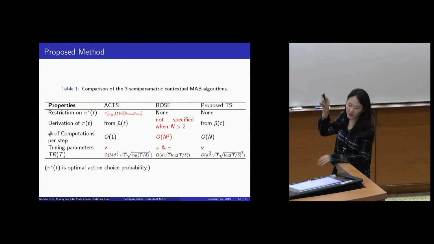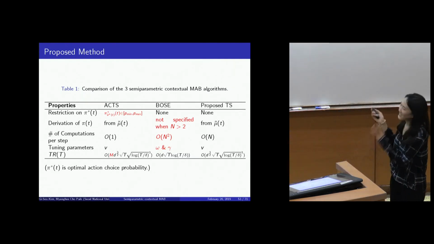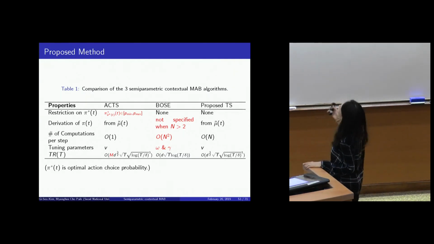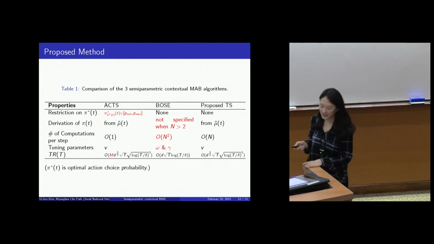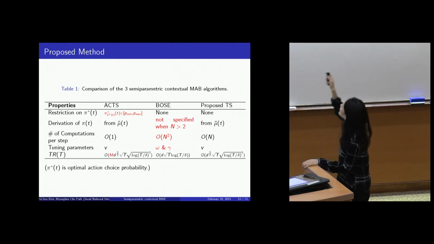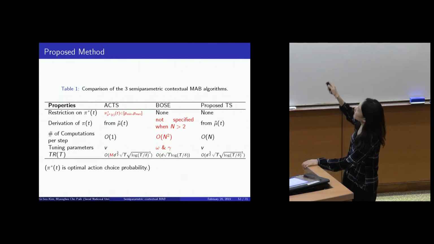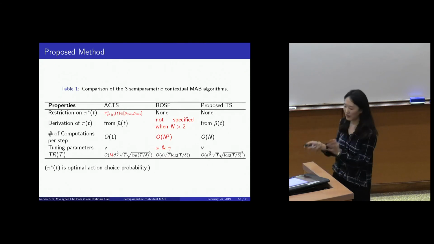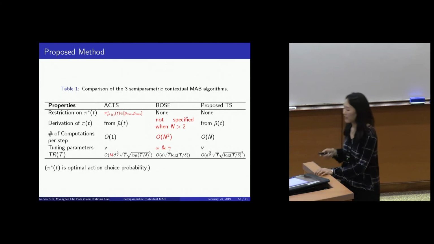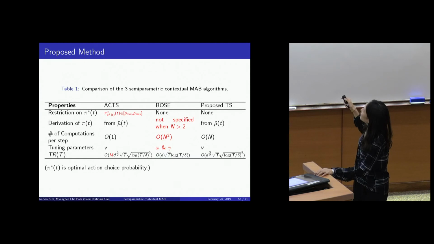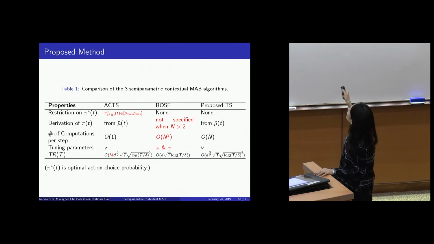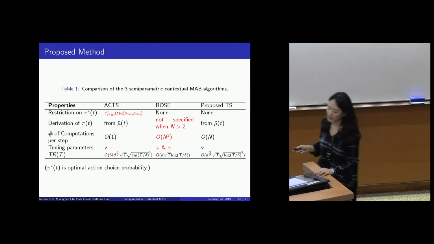This is the summary of what I wanted to say, so you just need to remember this table, I think. So this table summarizes the properties of the three semi-parametric bandit algorithms. The first one is ACTS by the work of Professor Murphy. The second is the BOSE algorithm of Krishnamurthy. And the third is the proposed Thompson sampling algorithm.